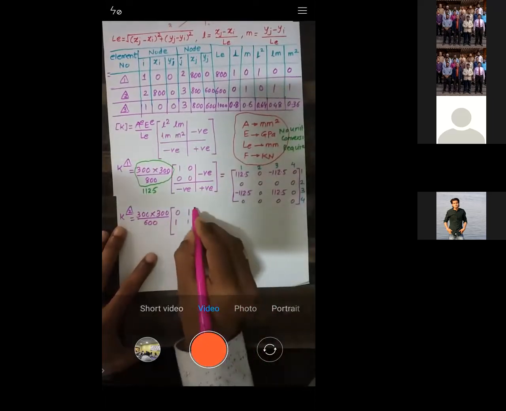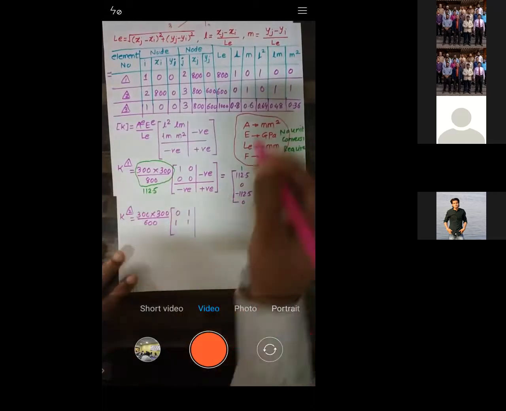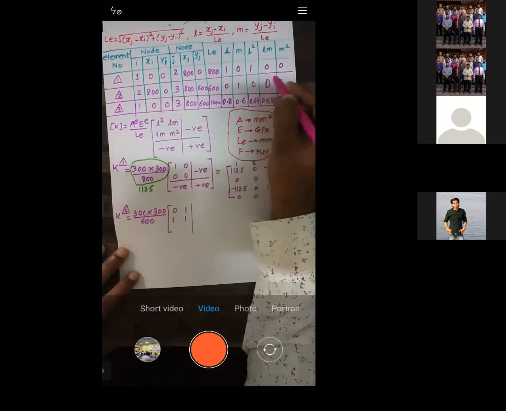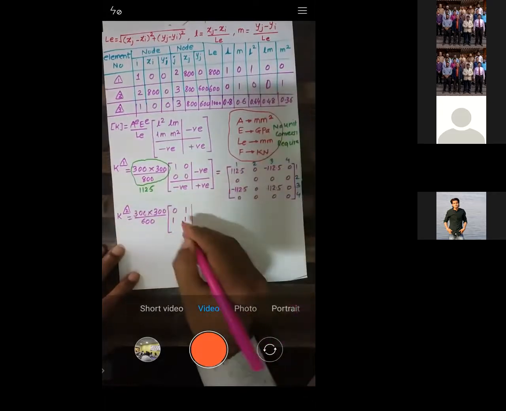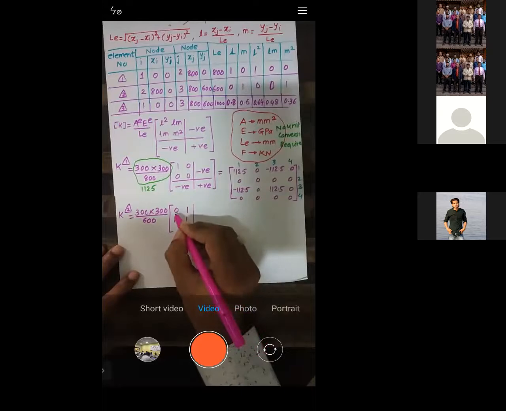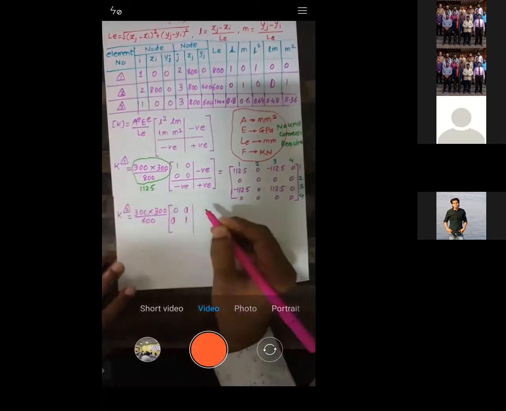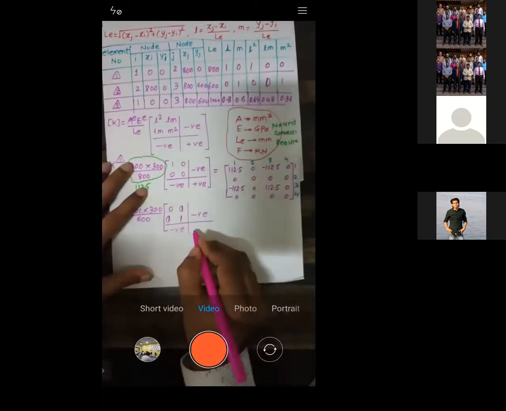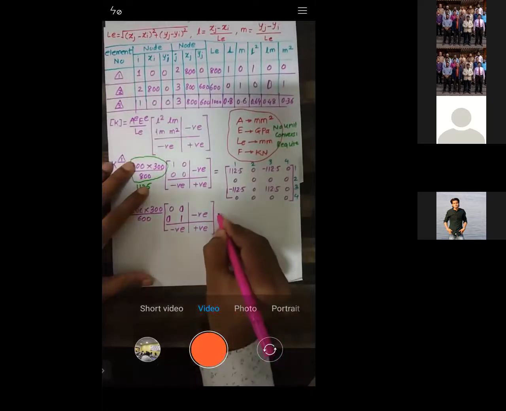You can check it. L square is 0, L into M is 0, and M square is 1. So this is how it works. Here a negative sign, again a negative sign here, and a positive sign here.